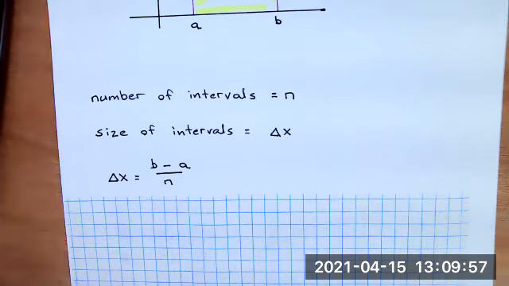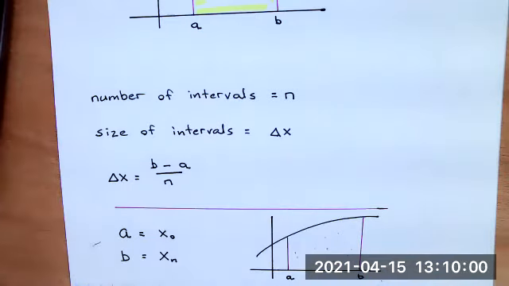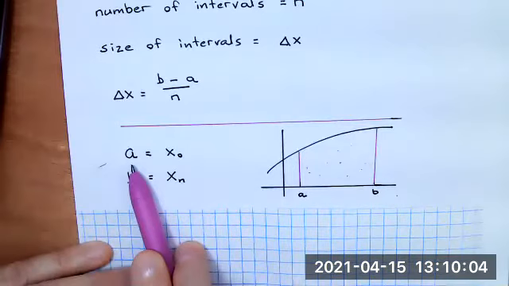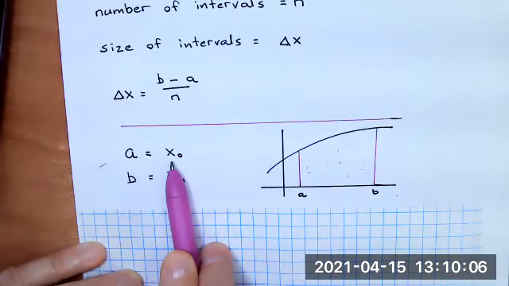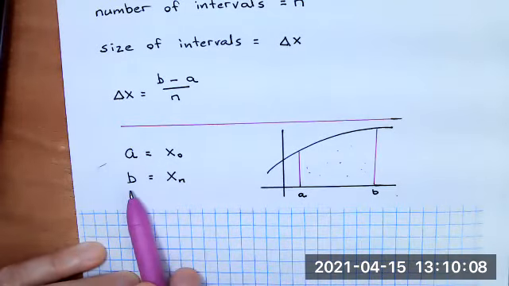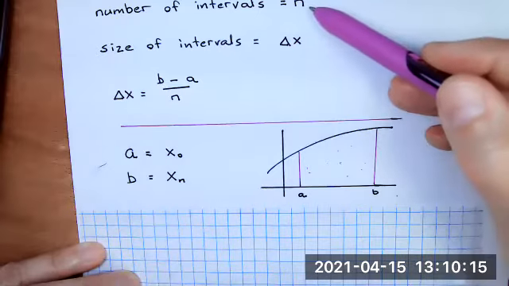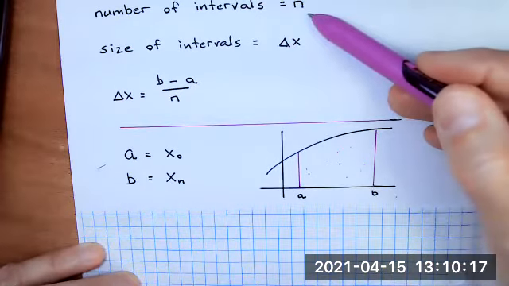All right, when you get farther along, A, your left bound, is going to be called x0, and B, your right bound, is x sub n. And this is the same n, which is your number of intervals.